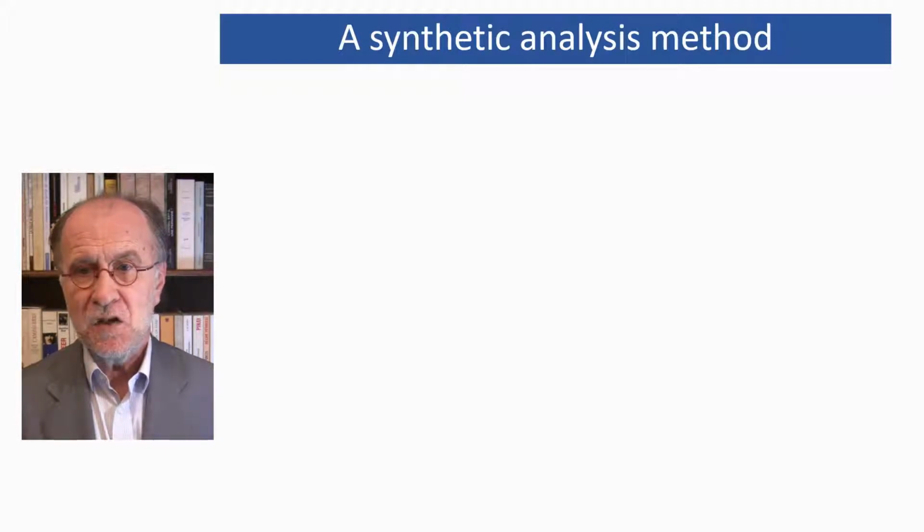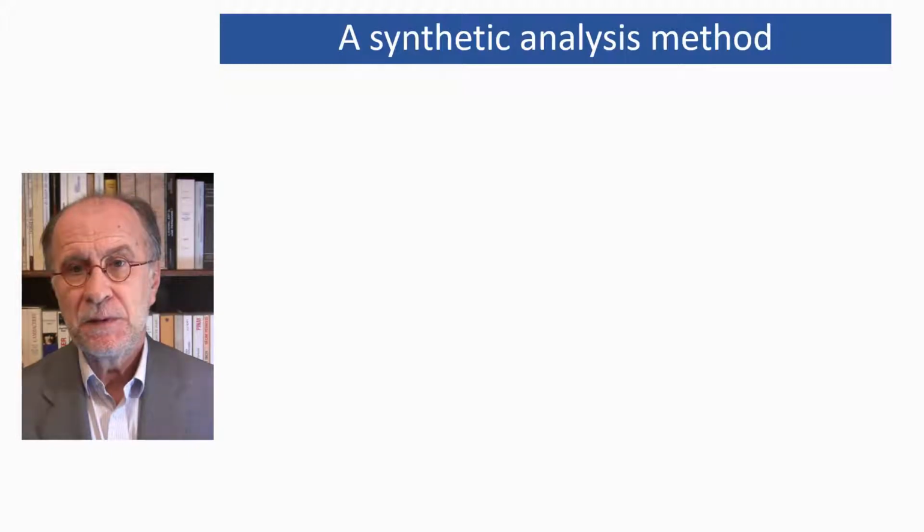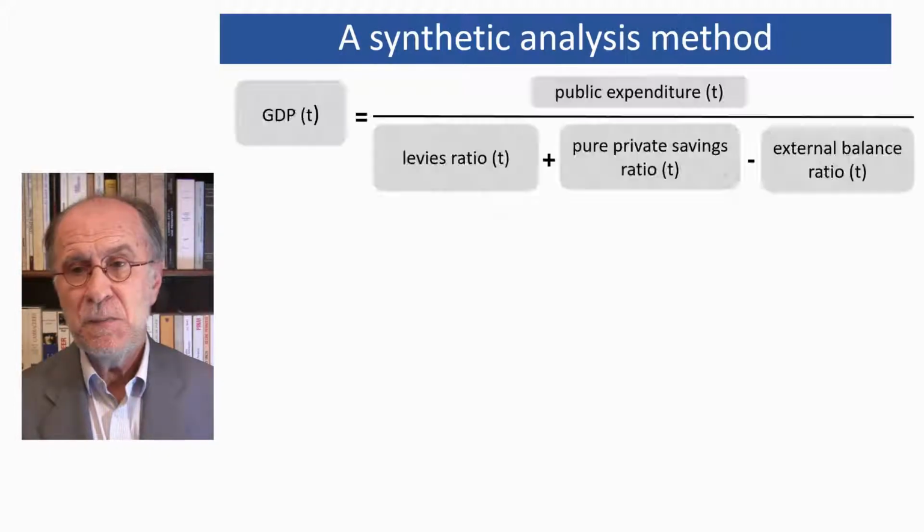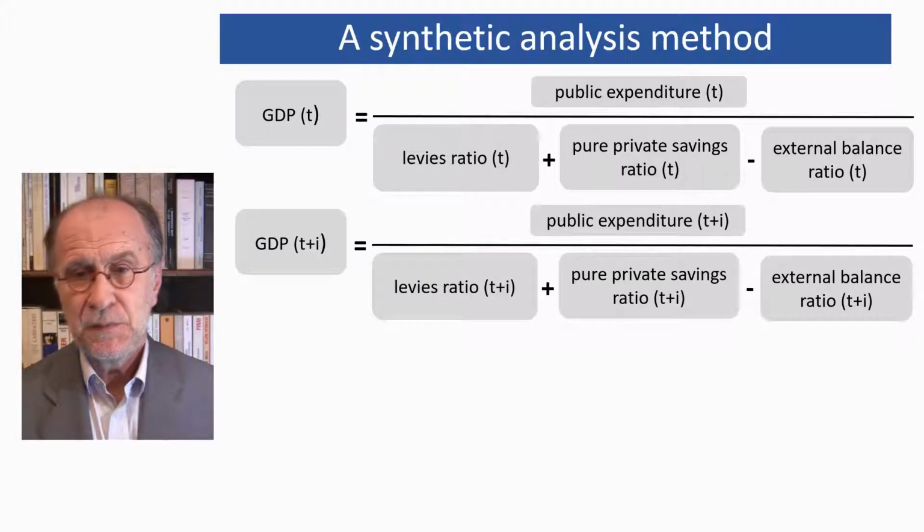Take for instance the change in GDP between the year T and the year T plus I. In year T, GDP depends on the year T values of the four terms that can be used to calculate GDP. In year T plus I, GDP depends on the year T plus I values of those terms.